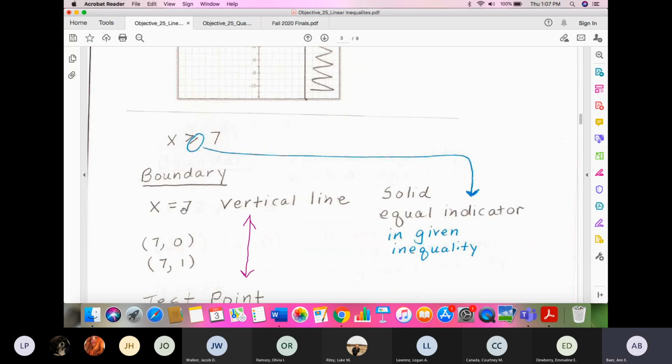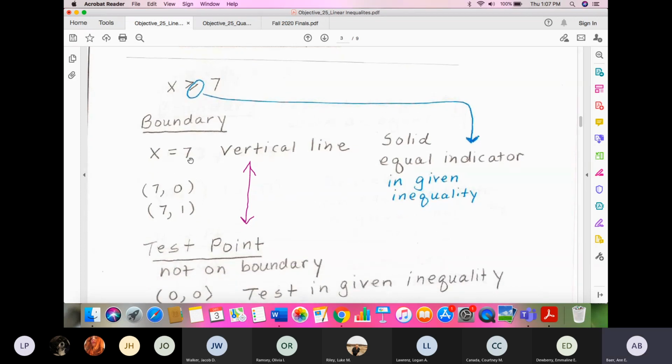That's a very important step. So the equation of our boundary is we take this out, we put an equal sign, so we get x equals 7. That's the equation of our boundary.